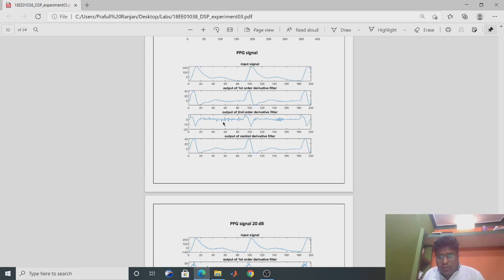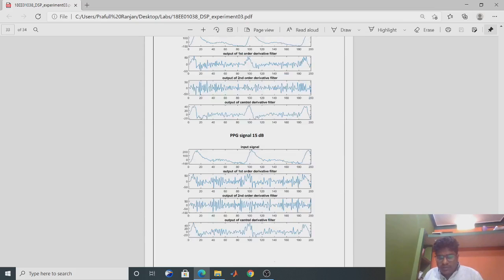So we will move to the second order derivative, which also smoothes some noises, but it also amplifies some noises. The third one is the output of the central derivative, which is smoothing the noises. This is for PPG.